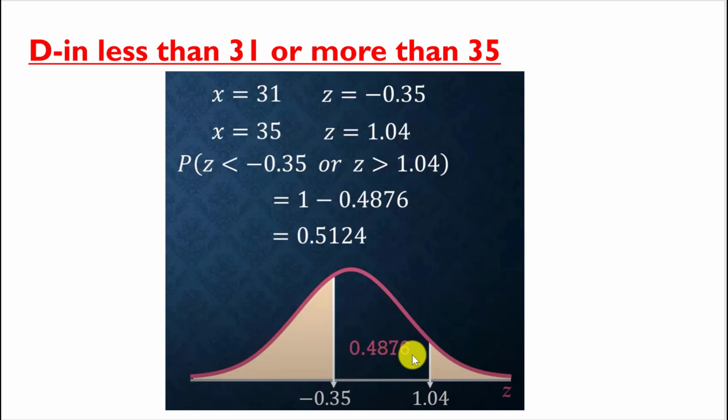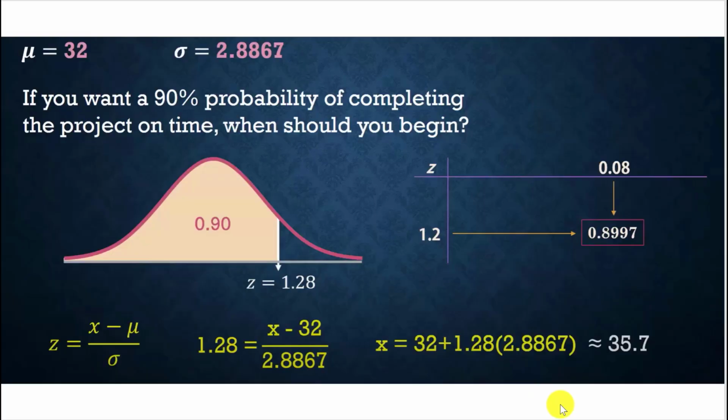So to find the area less than negative 0.35 and greater than 1.04, we find both areas. We just subtract the result from 1 to obtain 0.5124.